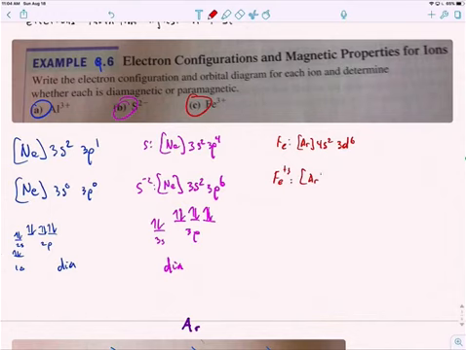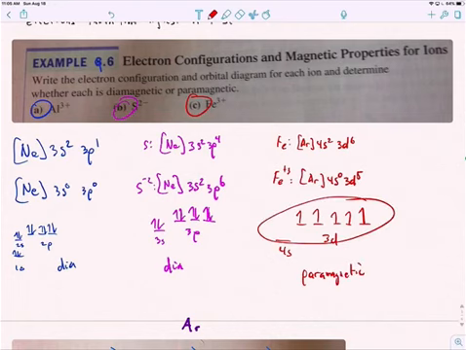It's going to be argon 4s0 3d5, which means we have 4s, 3d, 1, 2, 3, 4, 5. All parallel spin by Hund's rule, and this is definitely paramagnetic.